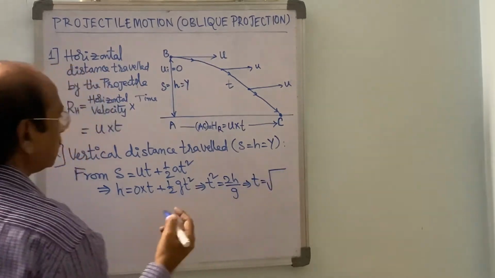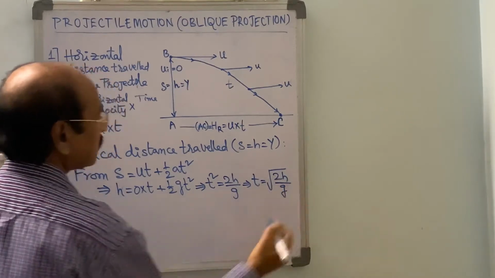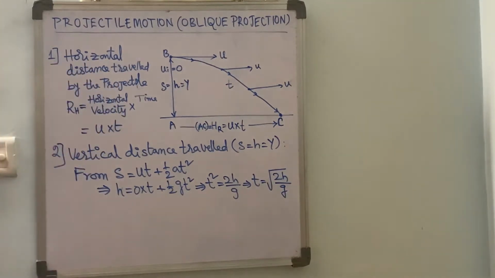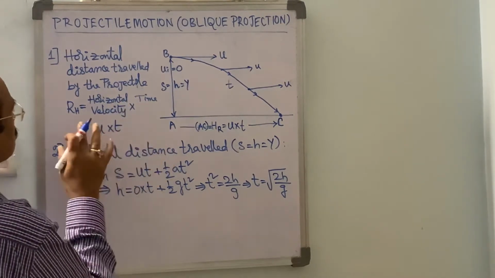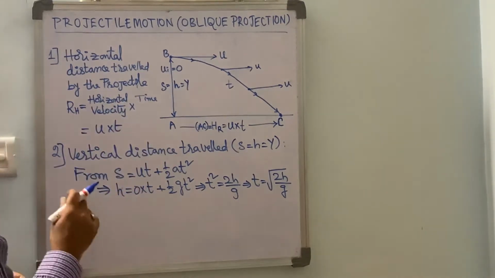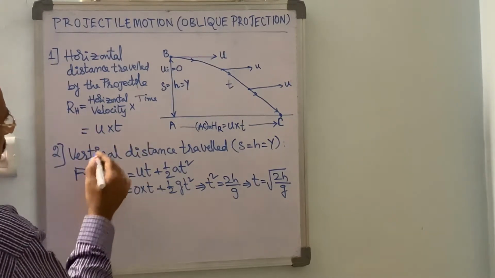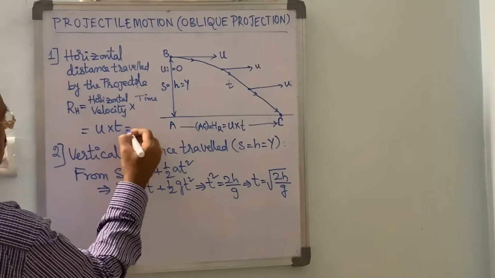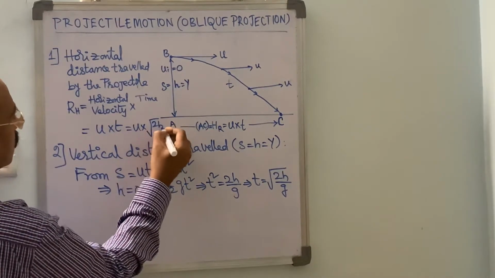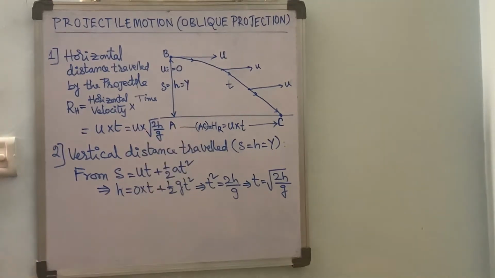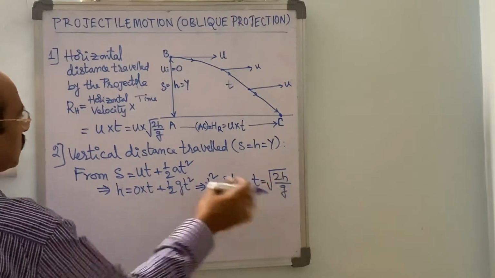Time of flight t is equal to, so this is called horizontal range. Therefore here it becomes u into root 2h by g also, as t is equal to root 2h by g.